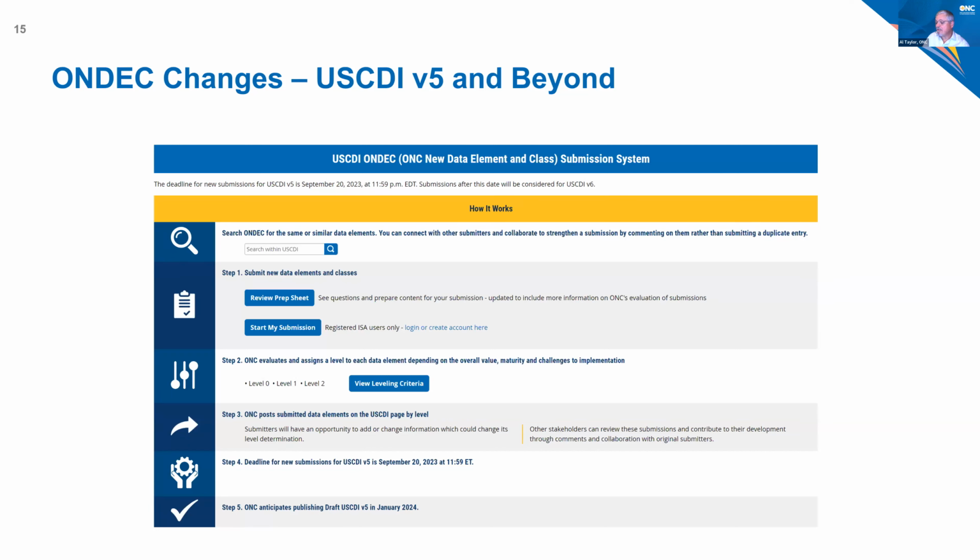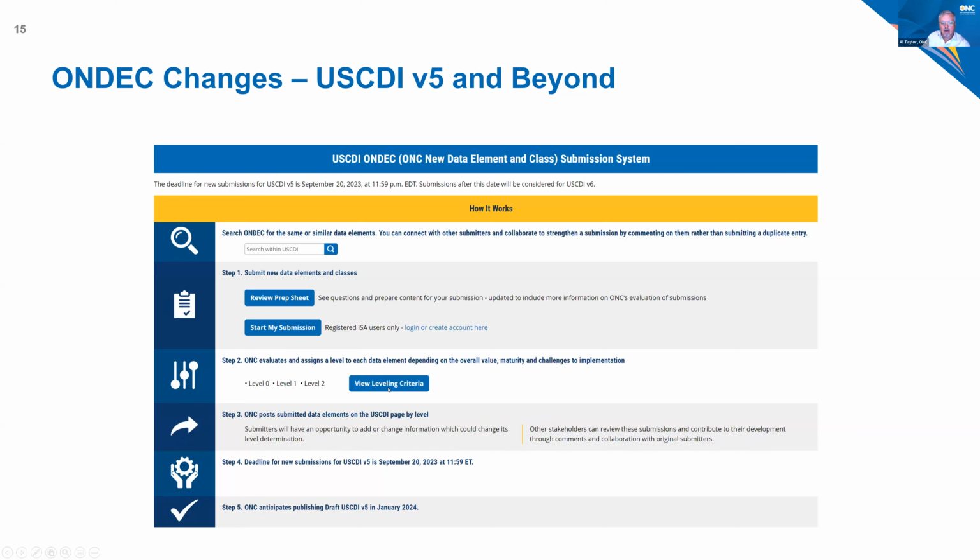In that case, they don't have to, because we're not going to add two data elements that mean the same thing, that do the same thing. And so this search function can be used, and we're working on continuing to make that process more effective.